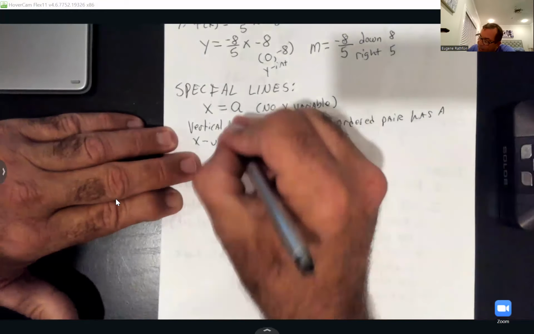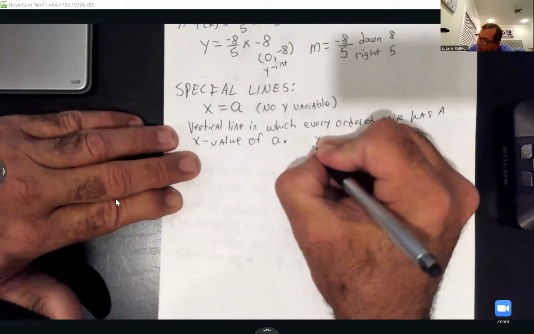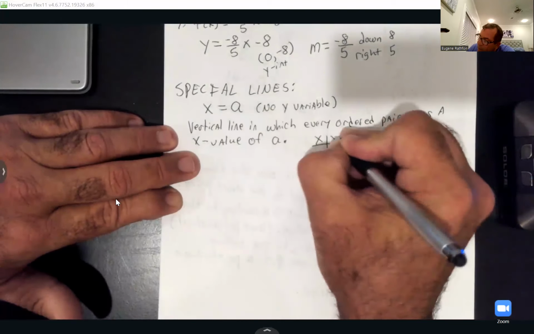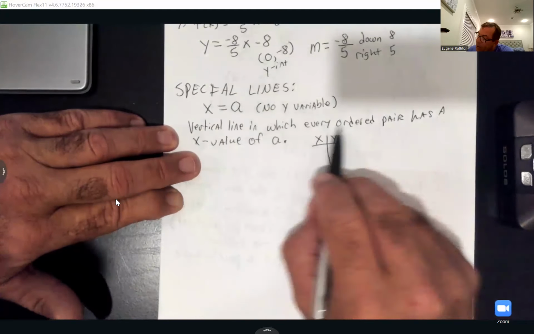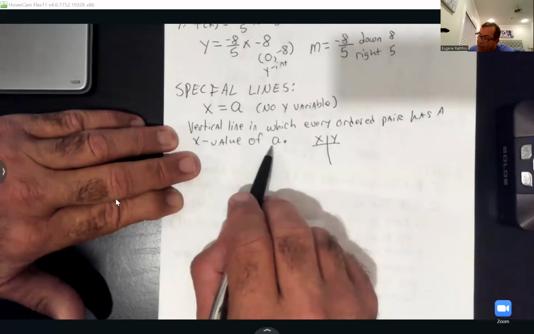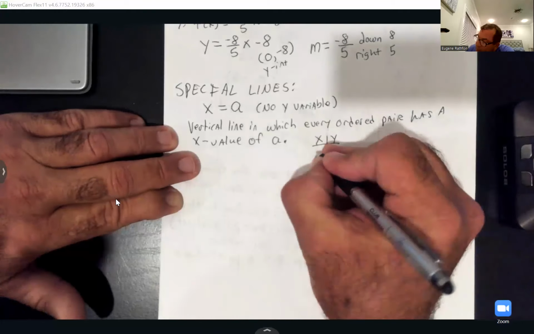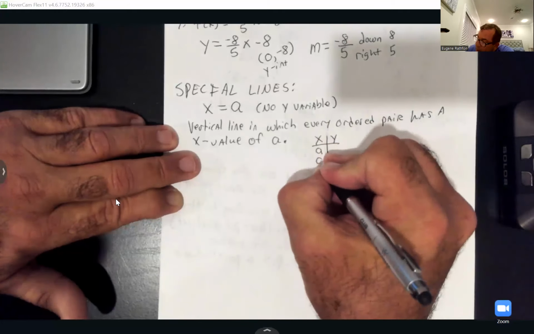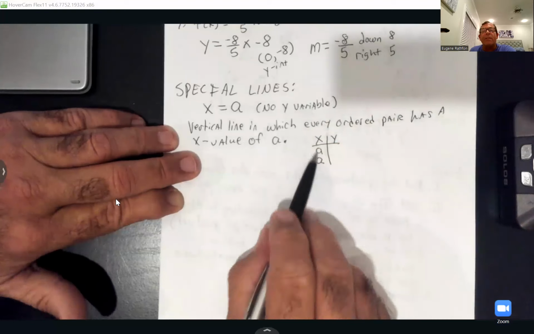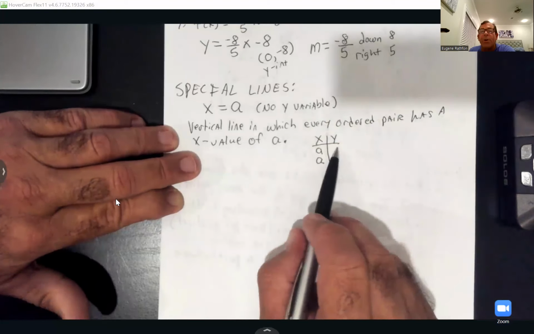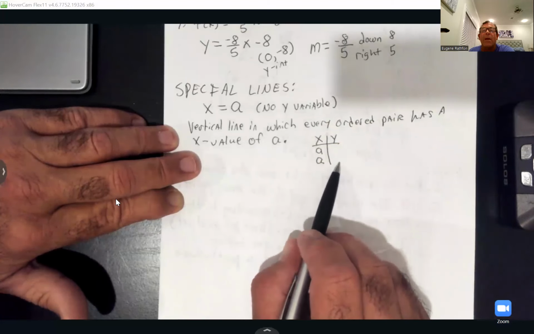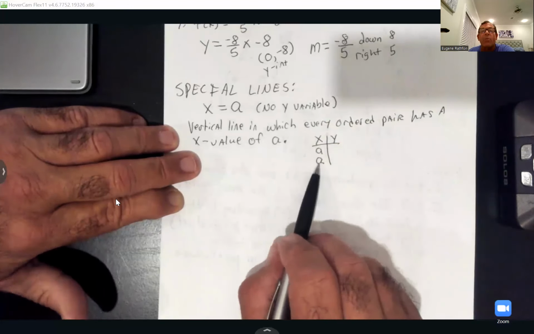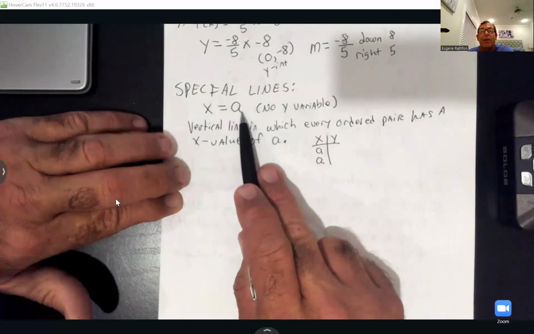So if you were going to make a table for this line, and you were just picking 2 points to draw your line, this says every ordered pair has an x value of a. So whatever a is, every one of these x values will be a. I don't care what you put over here for the y. You can use 0, 1, 2, 3. It doesn't matter. All the x's have to be whatever this says up here, okay?